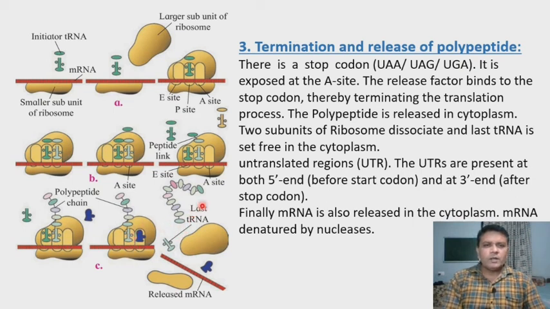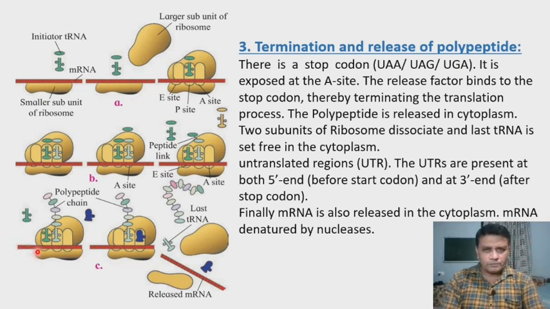Now, untranslated regions or UTRs are present at both the 5' end and 3' end. Here we can see it is the 5' end. So before the start codon, here is the untranslated region.